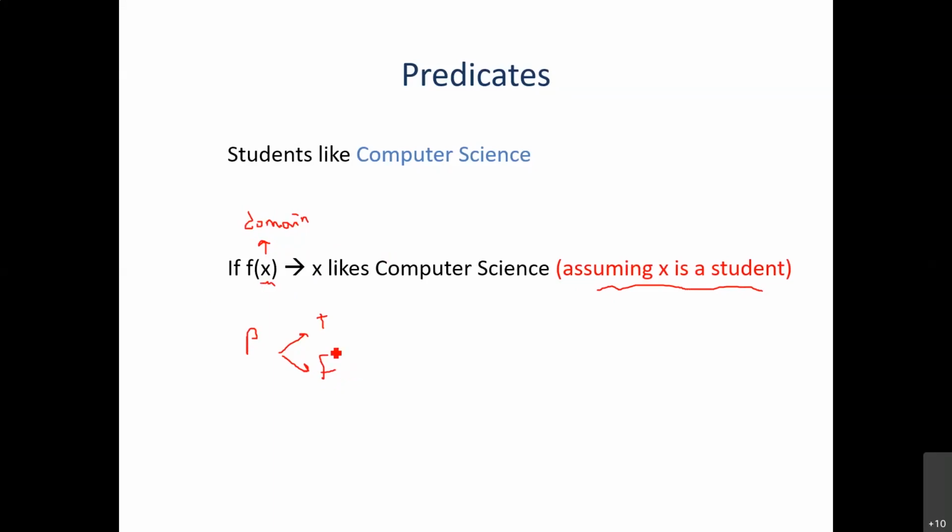Now we're working with predicates, which is like a function. So it's like a mapping from X to either true or false. Don't worry so much if you don't know what a mapping or what a function is. We'll get to it later in recitations. Right now, just think of it as this x. When you plug it into f of x, it's either going to be true or false.